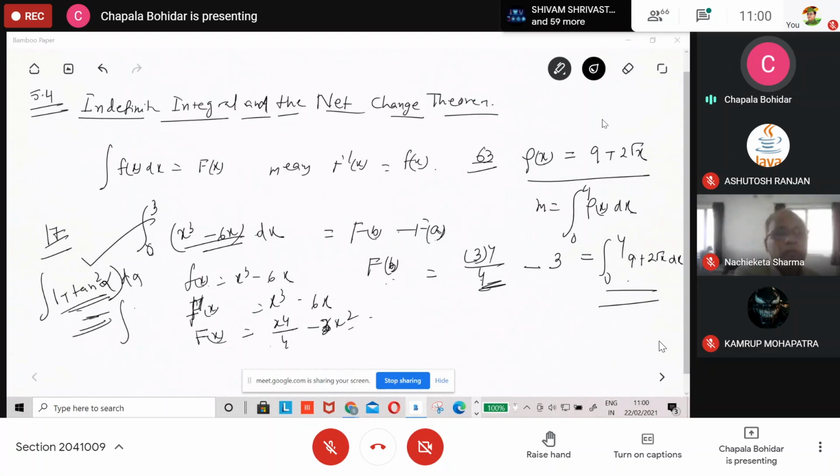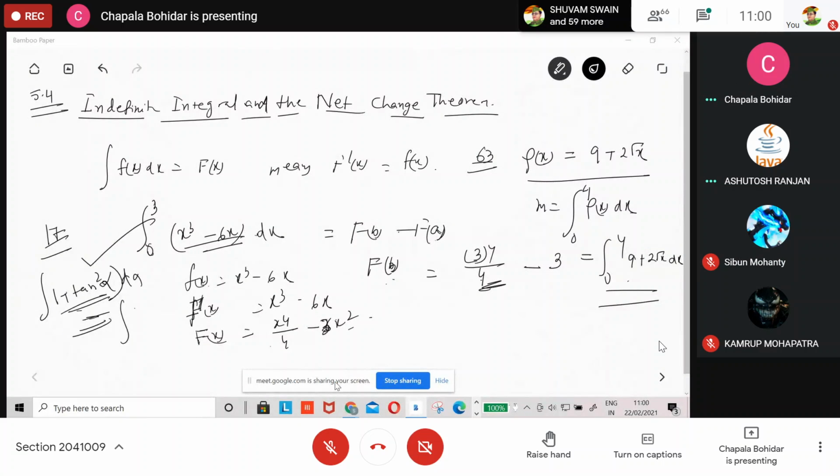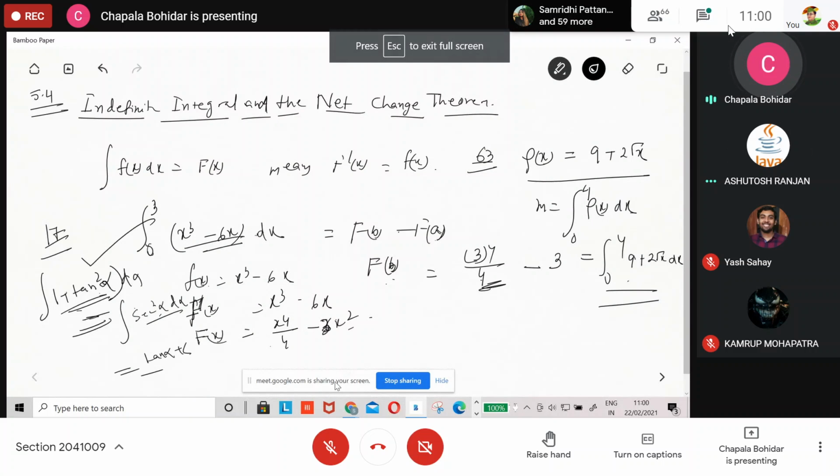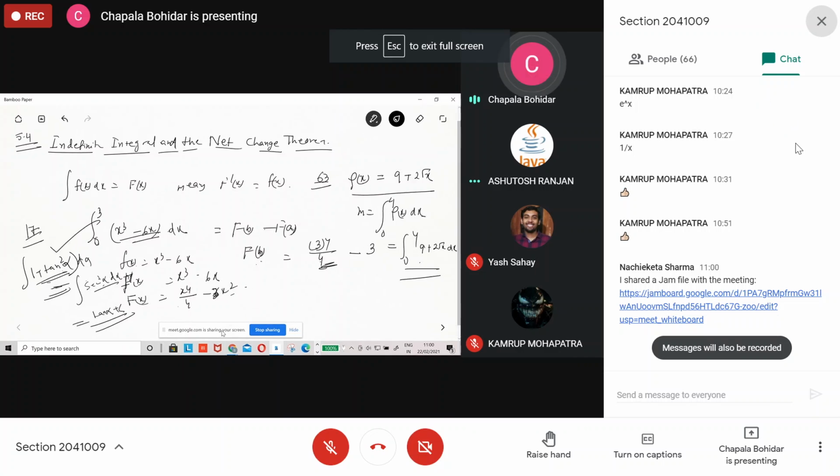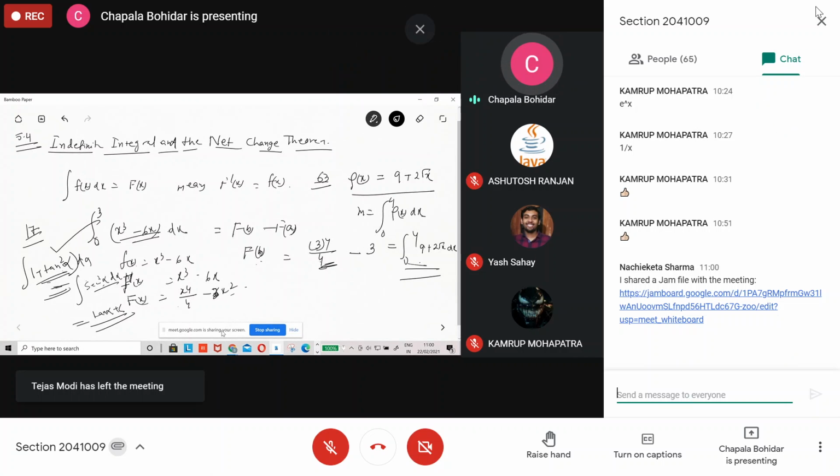Now time is over. 1 plus tan square alpha is how much? Sec square alpha. So the integral of sec square alpha d alpha. What is the integration of this? Tan alpha plus c. Yes, it is tan alpha plus c. Nothing else here. So you may get this type of sub-question here.